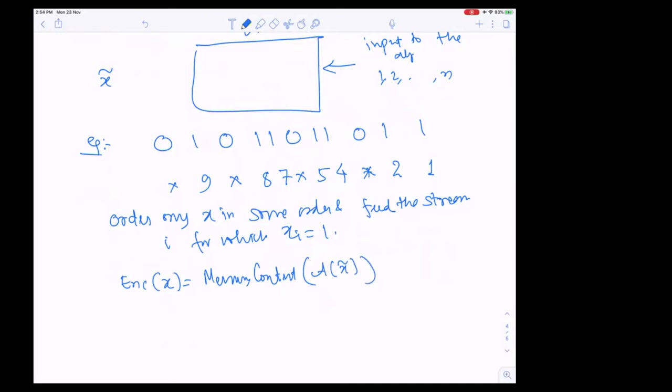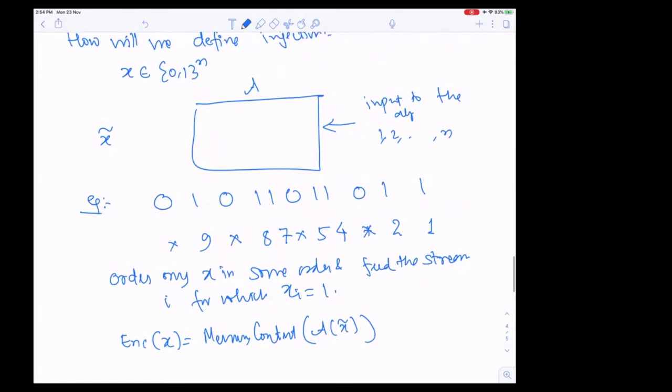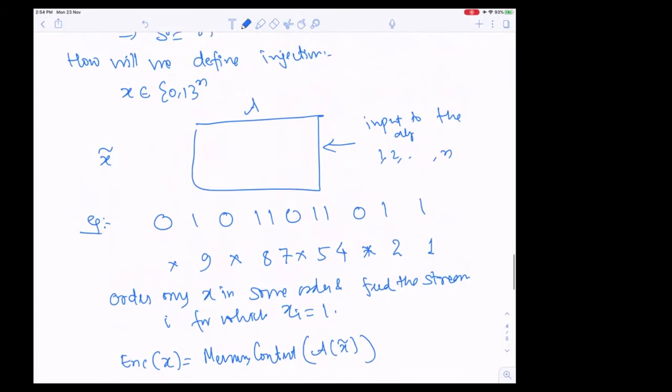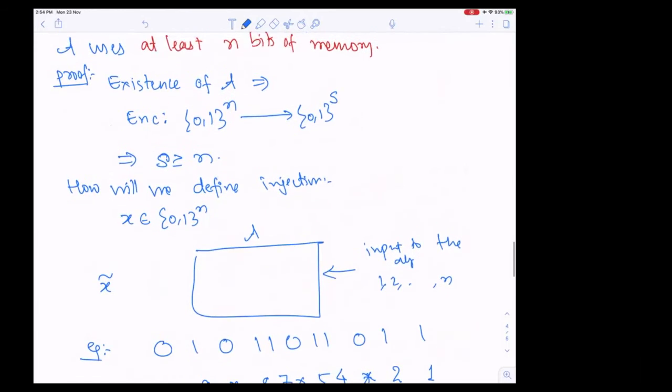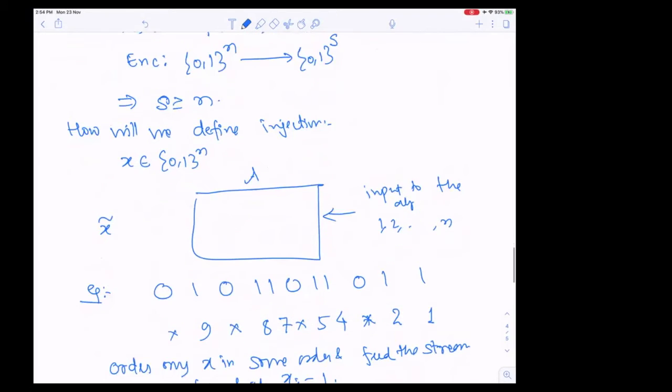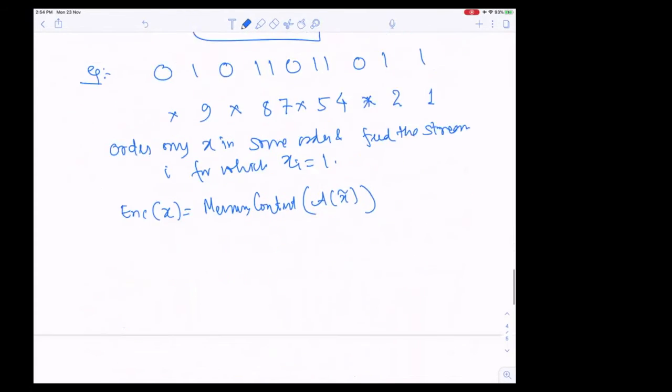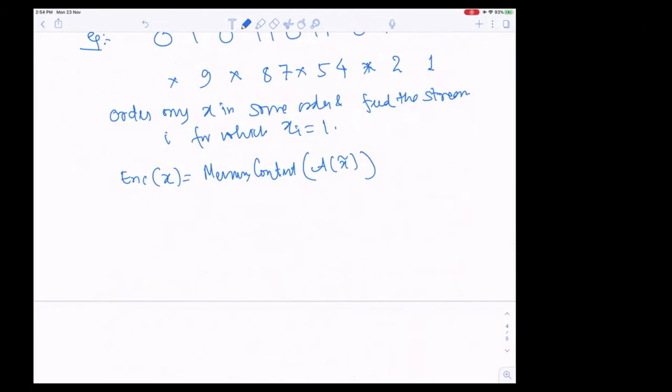So given a string x, I make x tilde, I run my algorithm, and at the end, the memory content, the sketch the algorithm has kept, I return that. This is my encoding function. Now, how am I going to show that this is injective? Is the mapping clear?